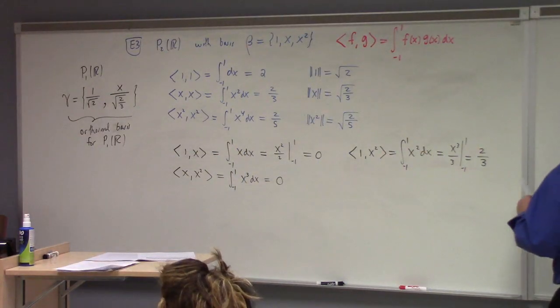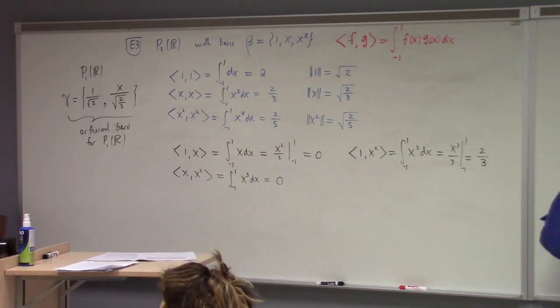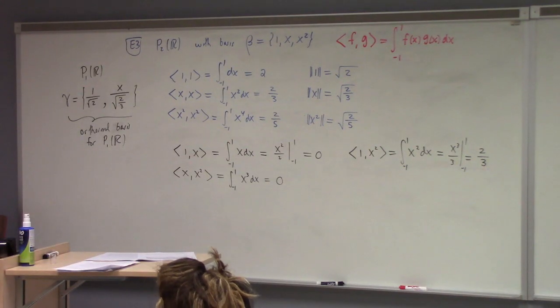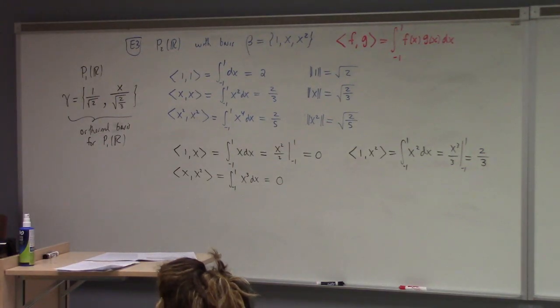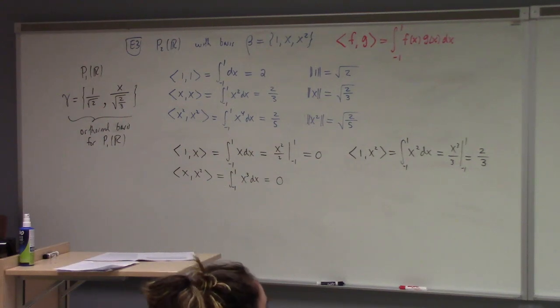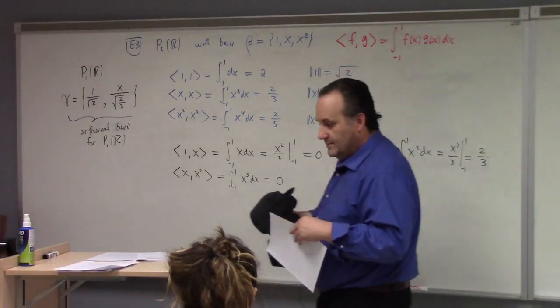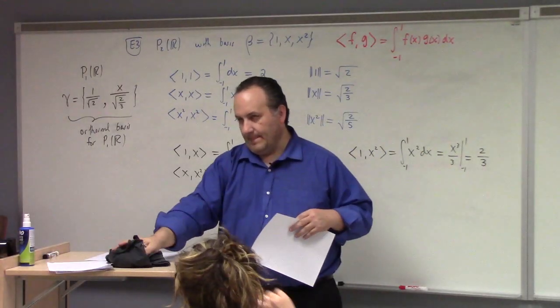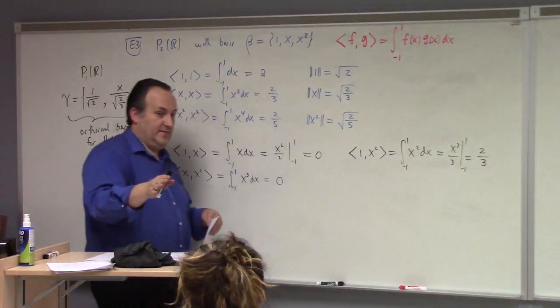Do you guys have any ideas how we could fix the basis and come up with an orthonormal basis? What would we do? How did we fix it in 221? You calculated the magnitude and then took the reciprocal of it and normalized it that way? That's the normalization.